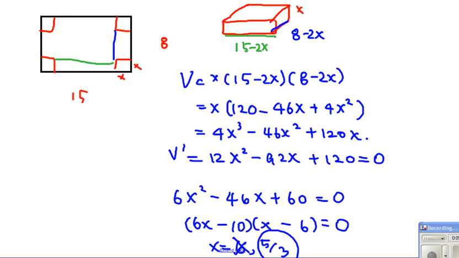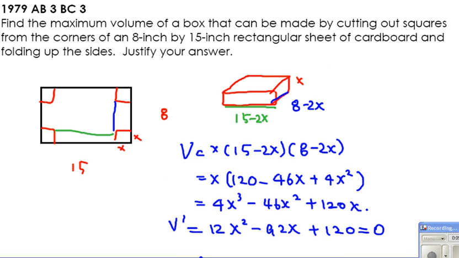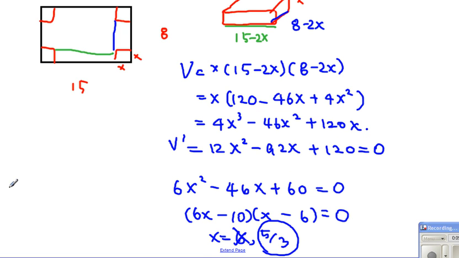Now here they're asking for the maximum volume. So the maximum volume, by plugging in 5 over 3, would be V equals 5 over 3 times 15 minus 10 over 3 times 8 minus 10 over 3.